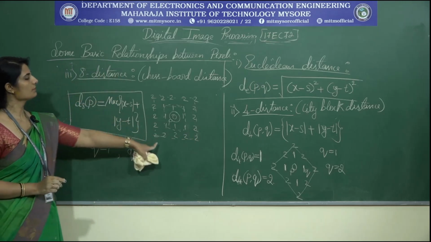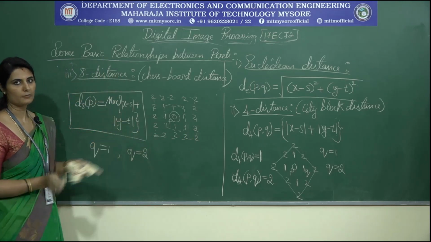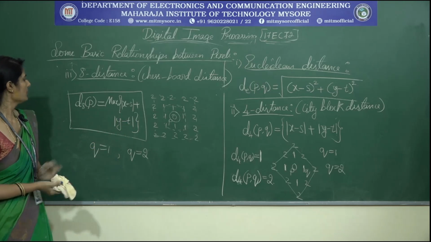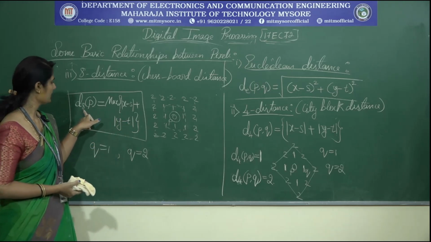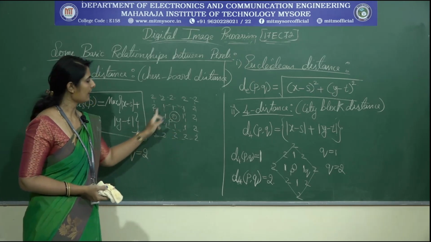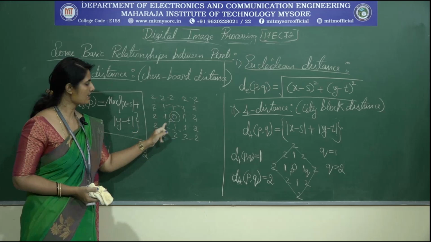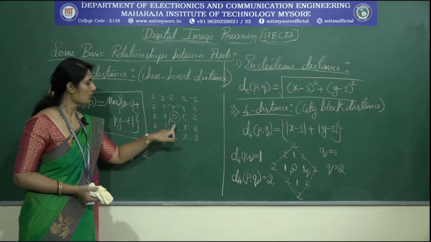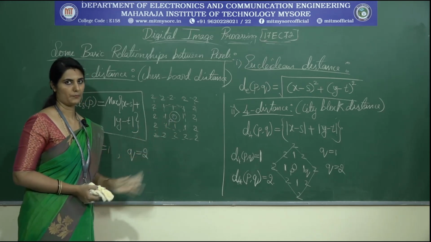So here the contour of these pixels will be in square form. Okay, so we know that for the D8 distance, we usually consider the 8 nearest neighbors of pixel P in order to find the distance of Q.